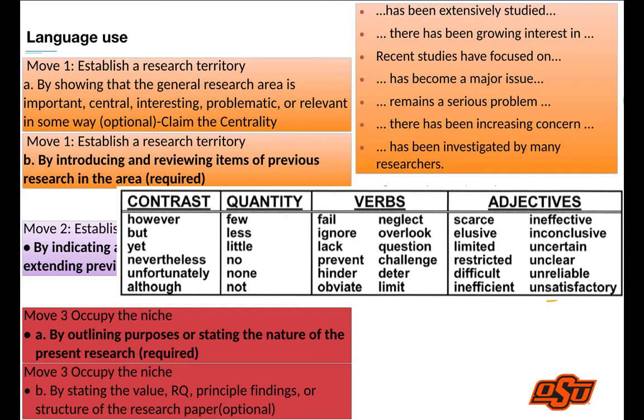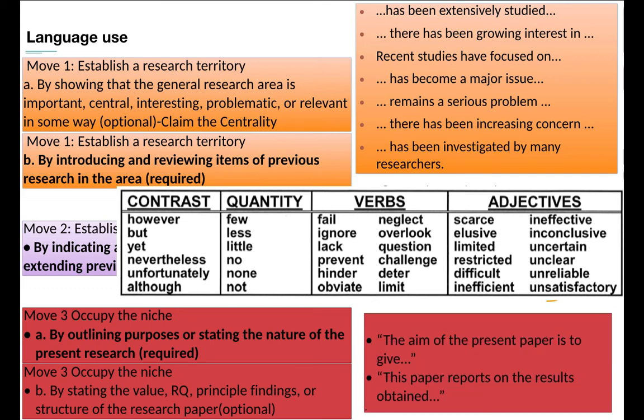Okay, now let's move to the last move, occupy the niche. So that's mainly focused on the required step, outlining the purposes or stating the nature of the present research. Okay, so you can construct your language like this.